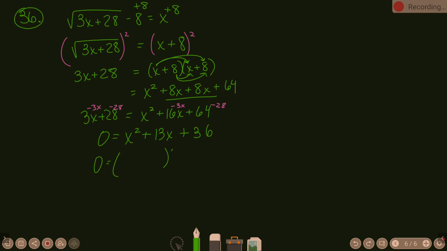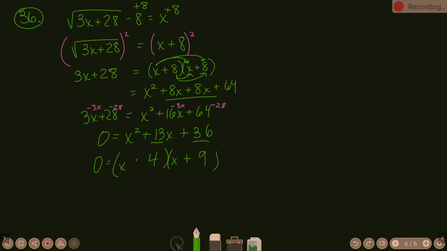X squared breaks up into x and x. I need numbers that multiply to be 36 and add to be 13. What multiplies to be 36 and adds to be 13? 4 and 9.